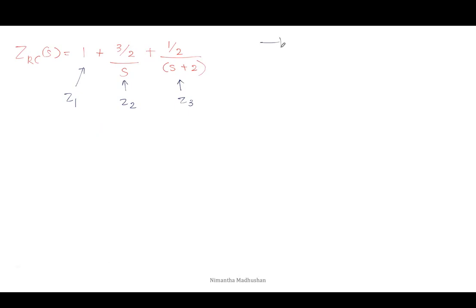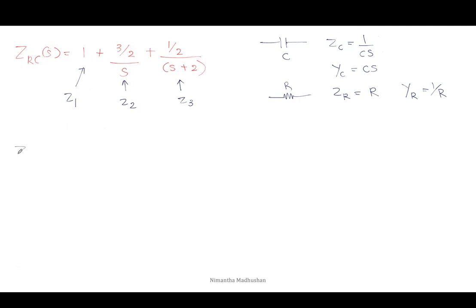If we consider a capacitor with the value of C, the impedance is 1 over Cs and the admittance is Cs. And if we consider a resistor with the value of R, the impedance of the resistor is R and the admittance of the resistor is 1 over R. These terms help us to develop the circuit.